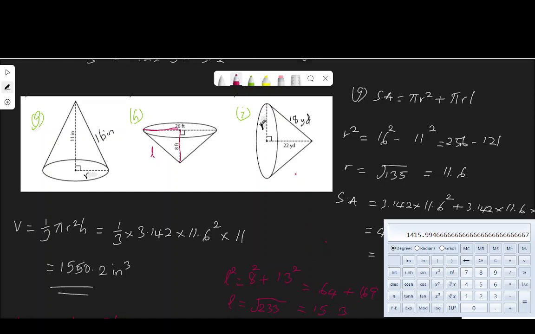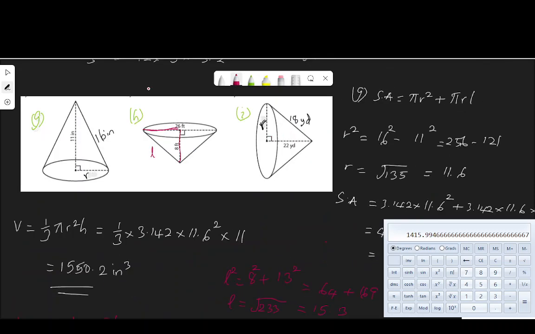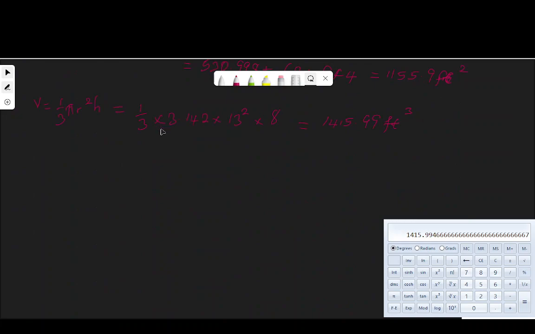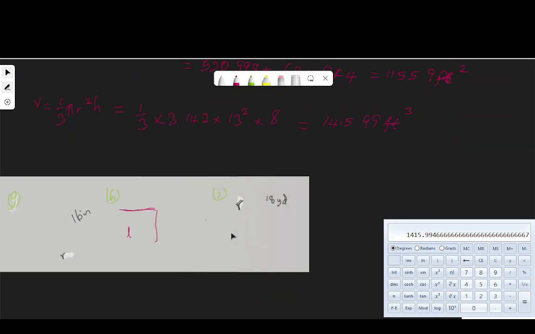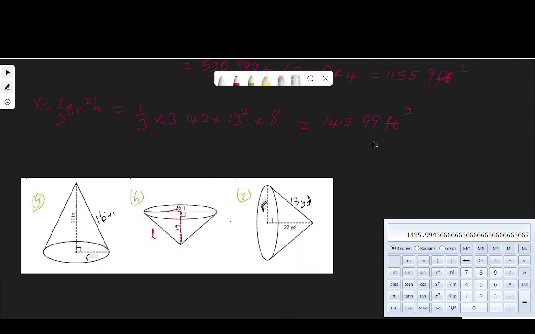Then the last one, I. Let me copy this and bring it down and paste it here. For I, again, the radius is not given, so we need to calculate it first.